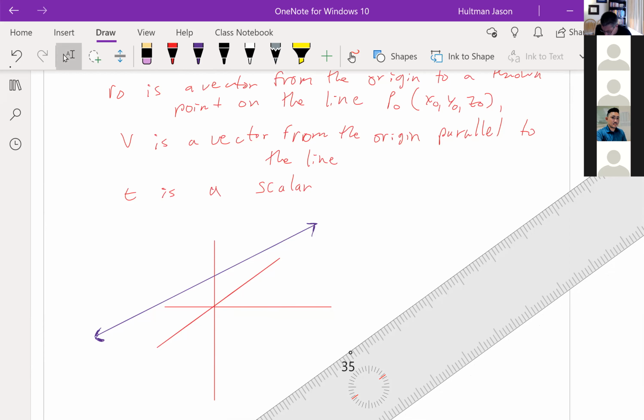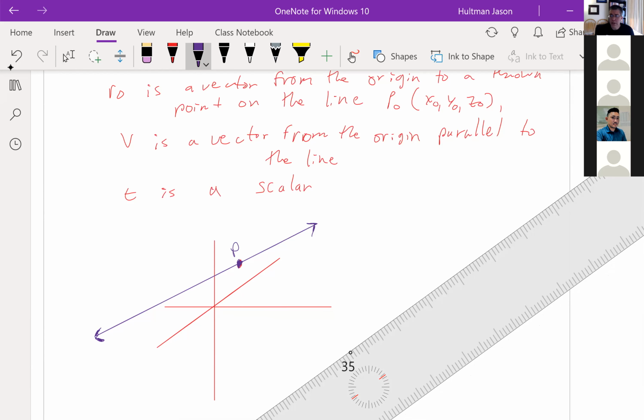So this is a line in space. Okay, so the first thing that we want to do is locate a point on this line. So let's locate just a random point on this line. We'll call this point P. Okay, that's just point P on the line.